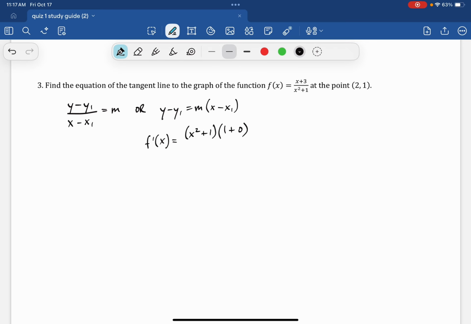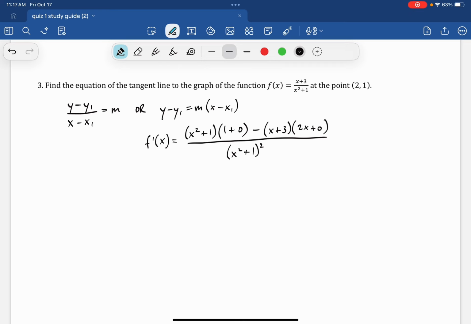And then minus high d low, so minus high, which is x plus 3, and the derivative of the bottom is 2x plus 0, just by power rule. And of course, that's all over x squared plus 1 squared, right? Low squared. Low d high minus high d low over low squared.